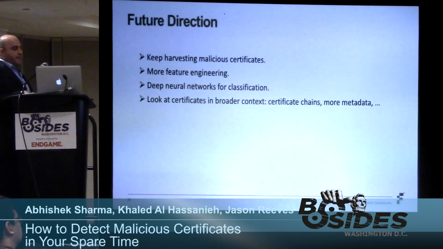Also look at the certs in a broader context. So far we've been looking at the certificate itself. We can look in a broader context, meaning the certification chain, the parent, child, and so on. More metadata from the TLS traffic, and so on.